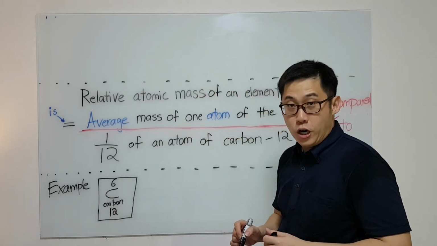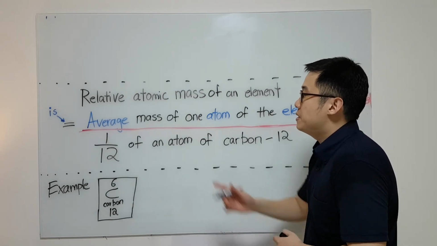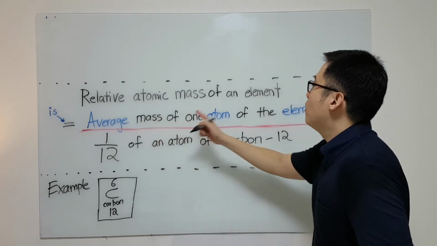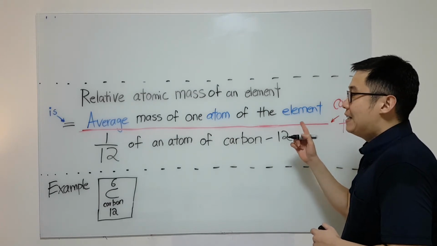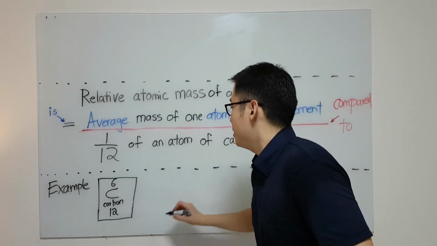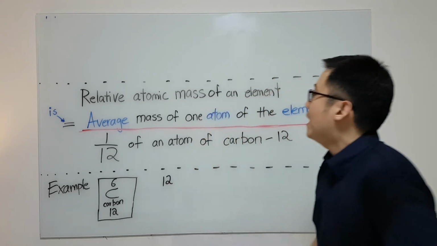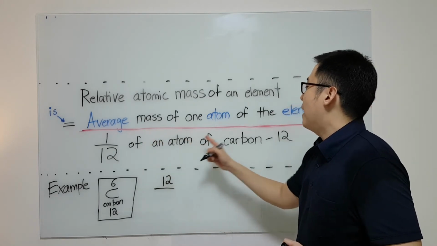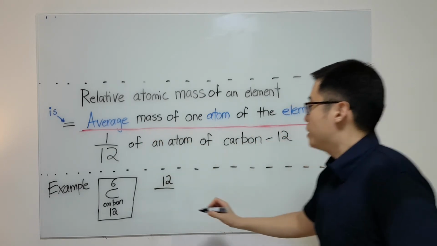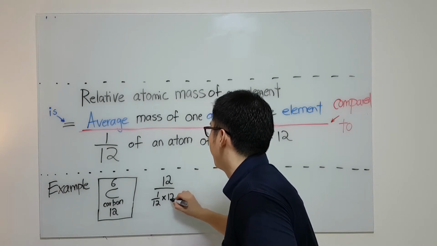How do we get this 12? Well, if you were to apply this formula, what happens is that the average mass of one atom of the element, in this case here carbon, is 12. And then you divide it by 1/12 of an atom of carbon 12, which is actually 1/12 times 12.